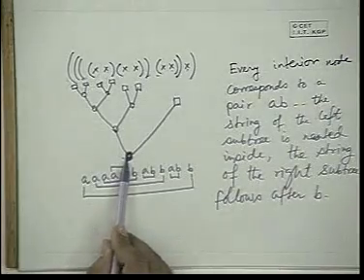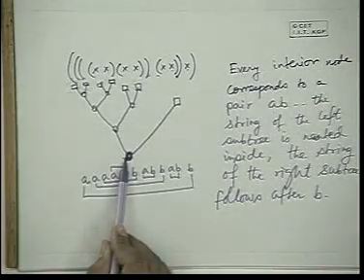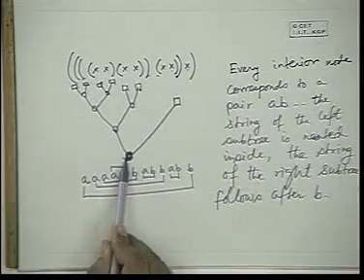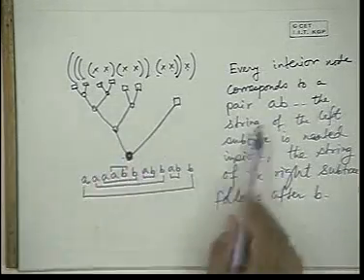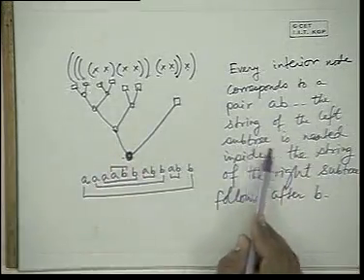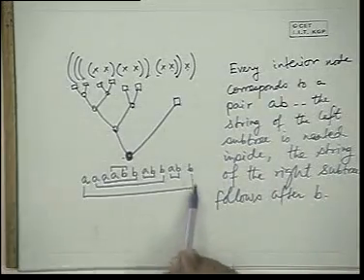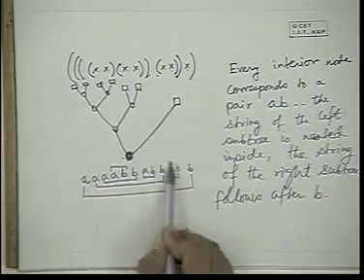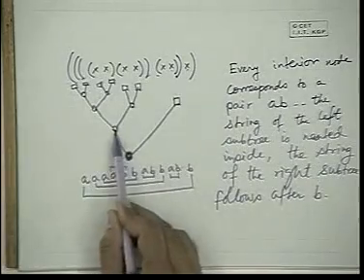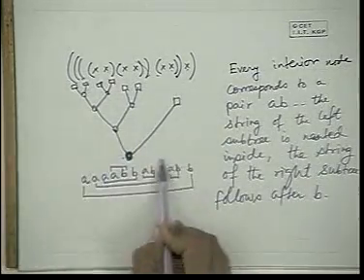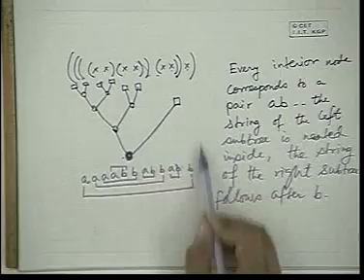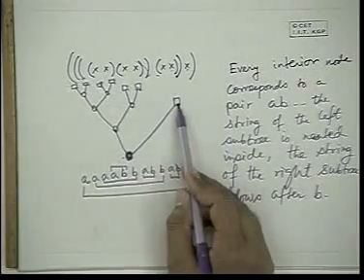So each node is representing a pair AB, and the string of the left subtree is nested inside. This AB will have whatever the left subtree represents nested inside, and anything on the right will follow this B. But in this case, there is nothing.